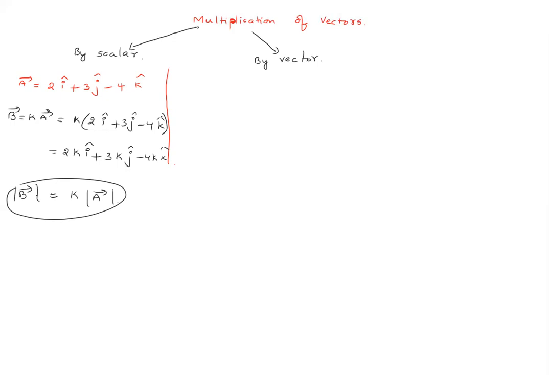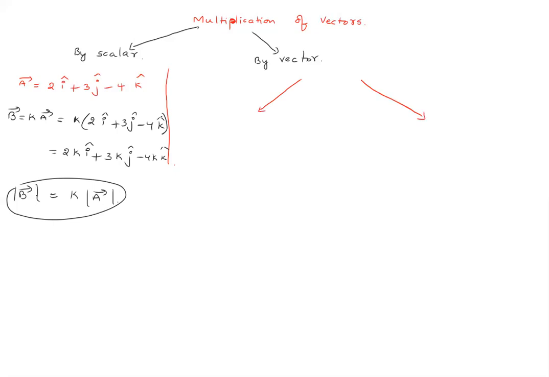Now, if you are multiplying by vector, a vector multiplied with another vector, you have two things.